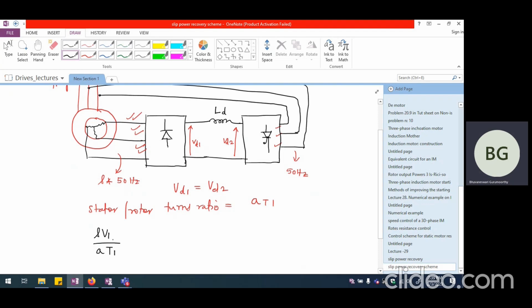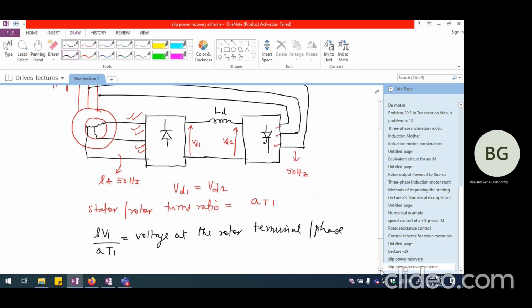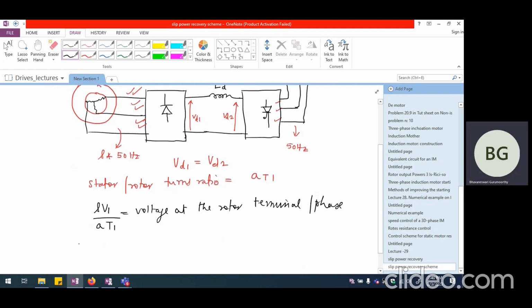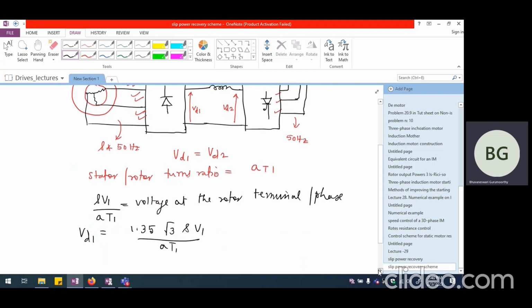That is what is going to come up as the voltage at the rotor terminal per phase. So I can say VD1 is going to be equal to 1.35 times root 3 times S times V1 divided by AT1. This root 3 is because V1 is per phase voltage, so I'm writing it in terms of line voltage, and this is what it is.